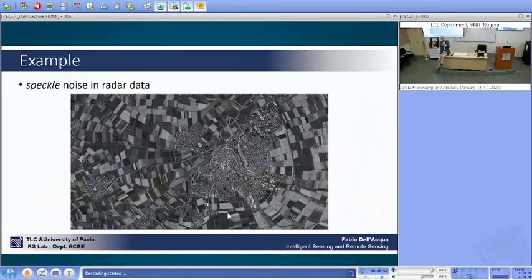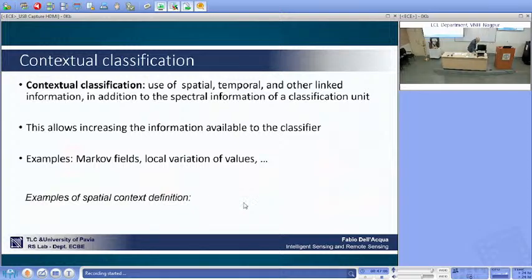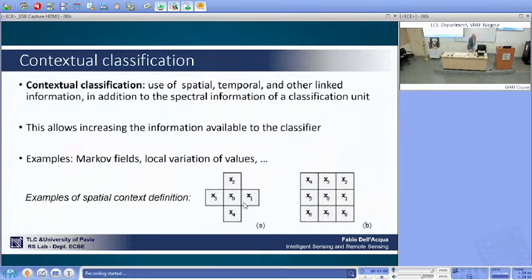This is context, but this is somehow an ambiguous example, so let me give you a better one. This is the definition: I'm classifying this, but at the same time I look at this and this and this because they will support my decision. They will help me understand what is located here.